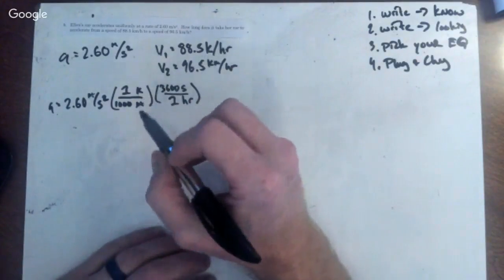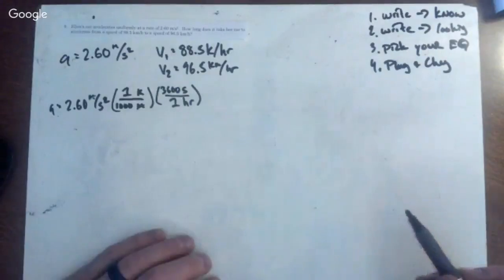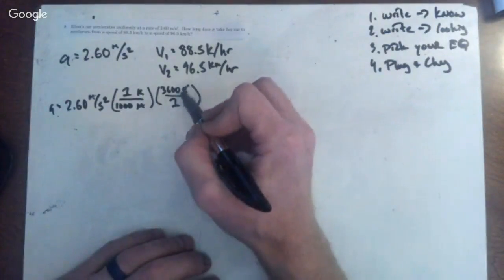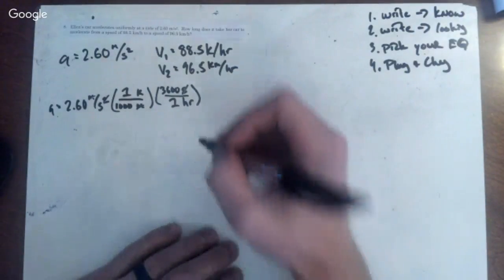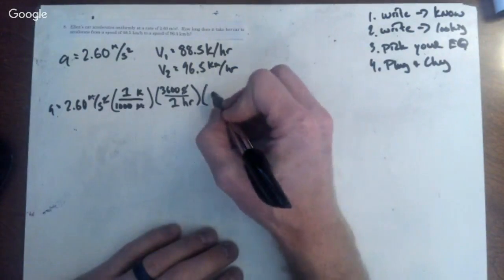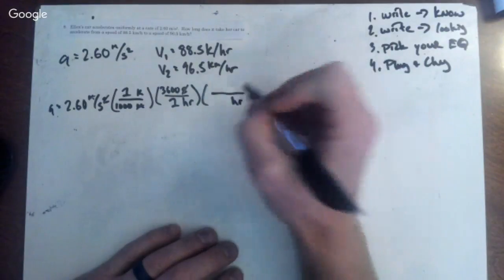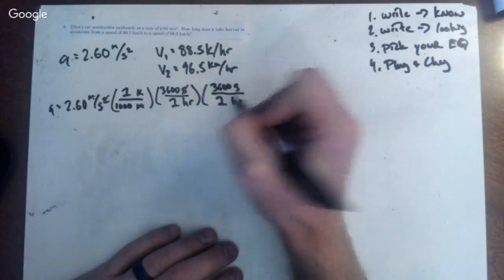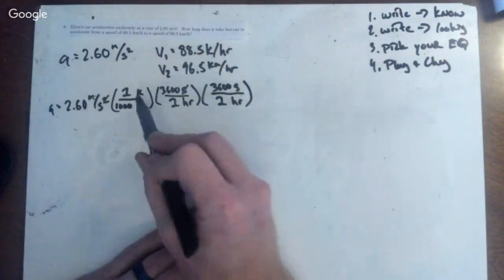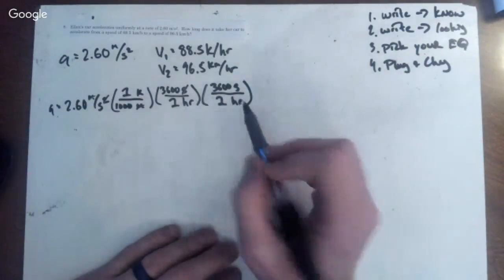Now here's the part that might get a little tricky if you're not familiar with this process. This 1 second right here cancels out 1 of those seconds, but it's meters per second squared, so we actually have to do the seconds and hours conversion over again. We have to do it 2 times. So we have kilometers per hour per hour.